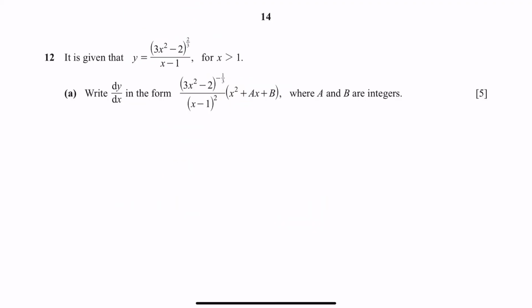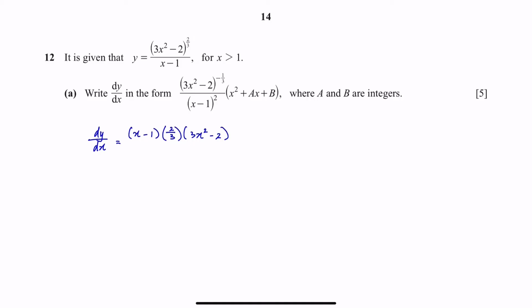Question 12. We have this equation, and for part A, we need to differentiate it to get our answers in this form. So you have dy/dx is equal to (x-1) times 2/3. So we move this power down here. So we get 2/3 times (3x squared minus 2).